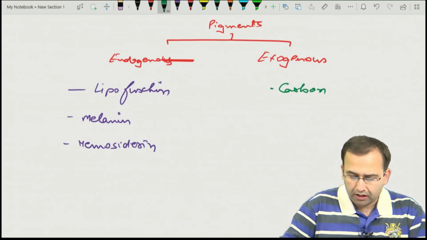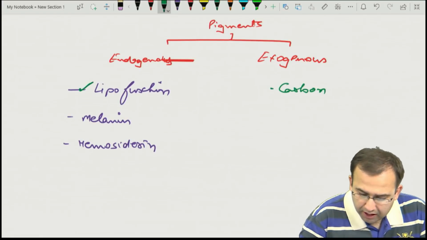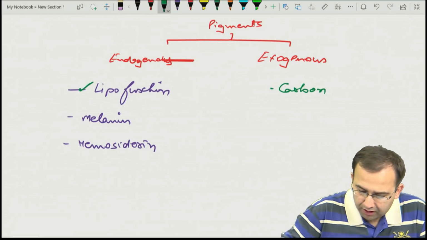I'm not interested in carbon. Let us have a look at the endogenous pigments one by one.